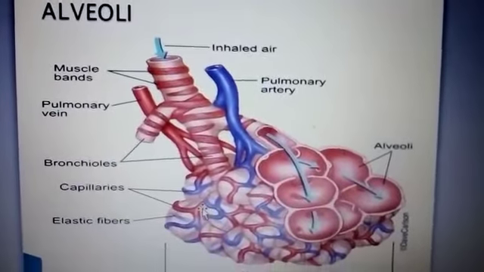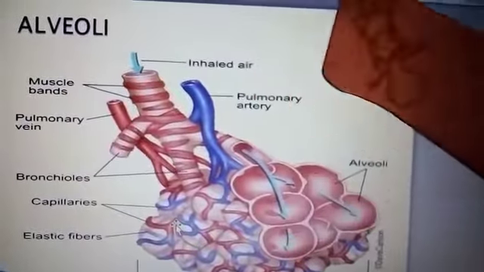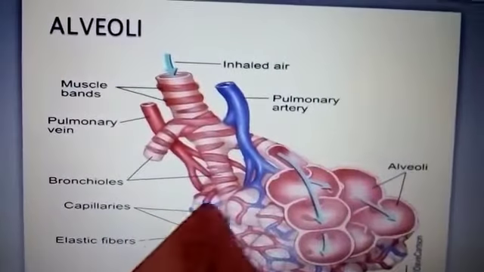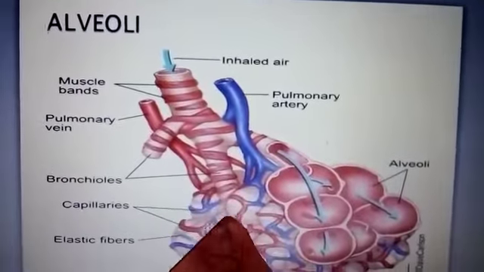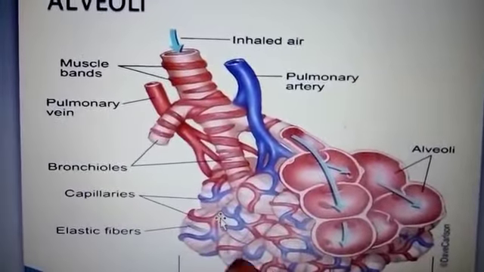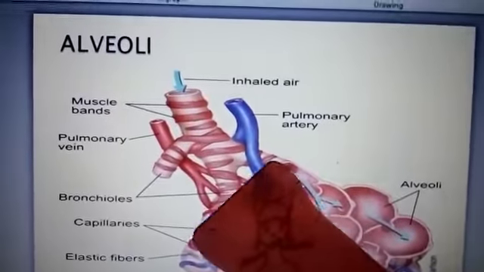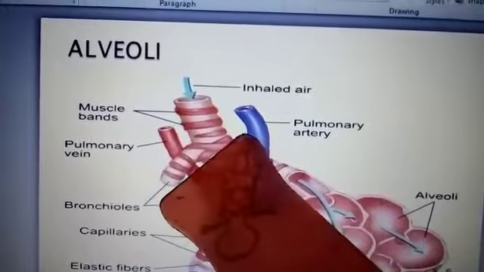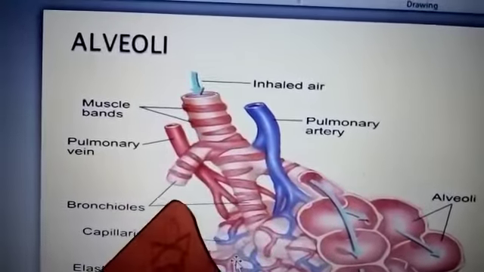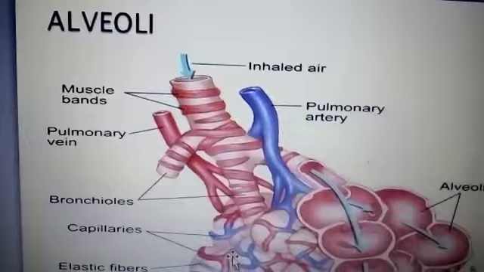You can see these are tiny air sacs. The bronchioles have connection with these tiny sacs. These are surrounded by capillaries. Capillary means tiny blood vessels. Then these are connected with the pulmonary artery and pulmonary vein. Pulmonary means related to lungs.